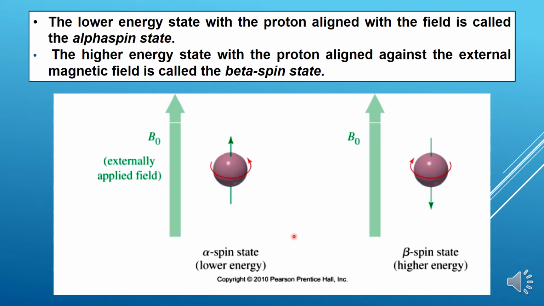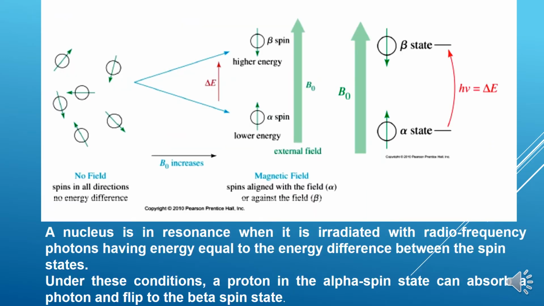So this one is the alpha state, and this one is the beta state. Alpha states are collectively considered lower energy states. Beta is the higher energy state.